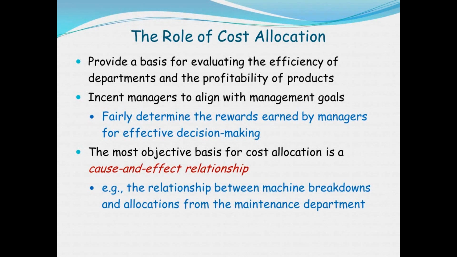And so you want some kind of cause and effect relationship in your allocation. If you use a resource, you pay for that resource, essentially. If you use HR, you pay for HR in the appropriate amount. Same thing for IT. So you want to have a cause and effect relationship between the service department's allocation and the end users.